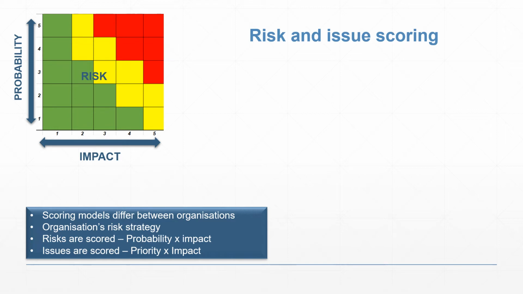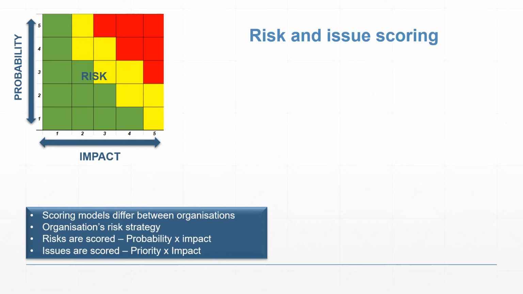The important thing to note is this has been created according to a particular organization's way of managing risks and issues. The way that they've placed their greens, ambers and reds is very subjective, and it's in line with how they do things in their organization. I'm just showing you an example of a scoring matrix.